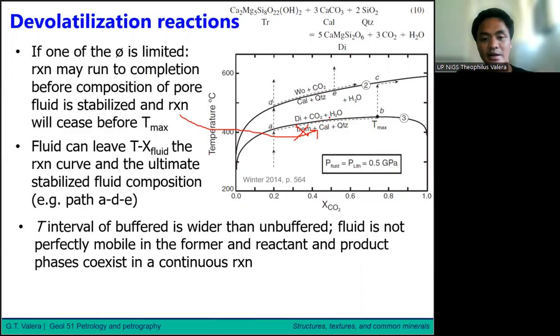So, kunwari, let's say at XCO2 equals 0.5, ubos na yung tremolite natin, then the reaction goes up, reaches this point, and then from here, it either, if meron itong reactants, calcite and quartz, then it proceeds this way until mabawasan ulit siya ng isa sa mga reactants, let's say quartz, saka siya move forward. Or if in excess yung calcite and quartz natin, then magko-continue lang siya endlessly. Okay, up to this point.